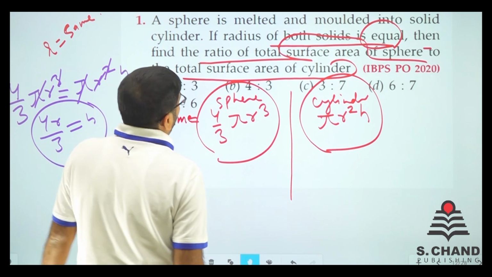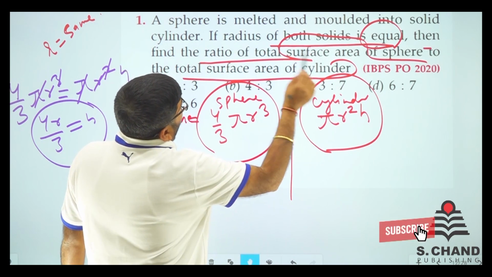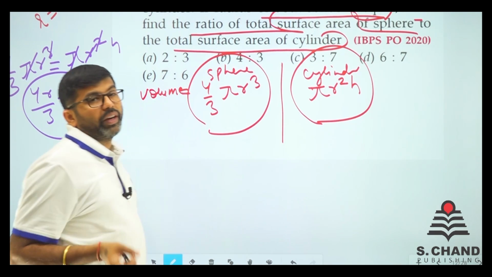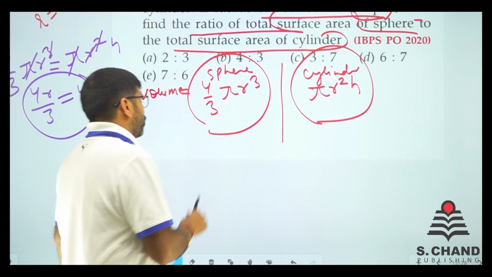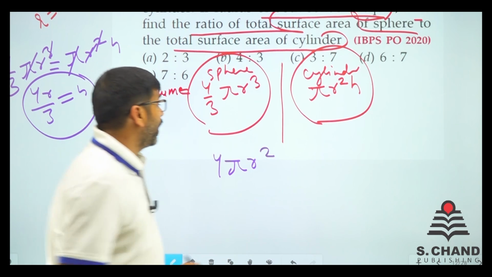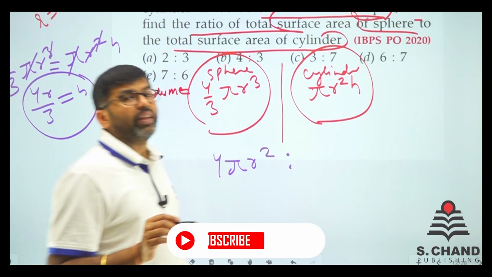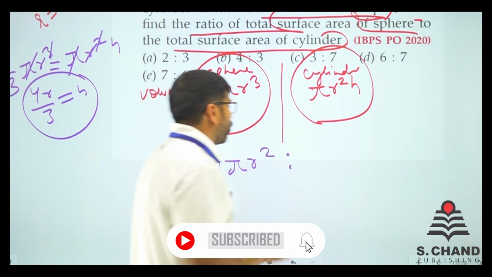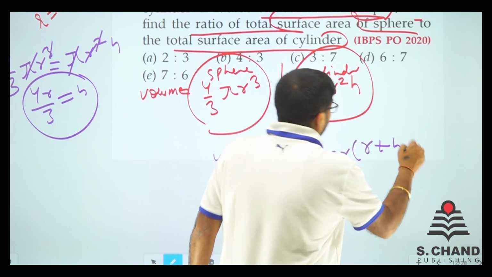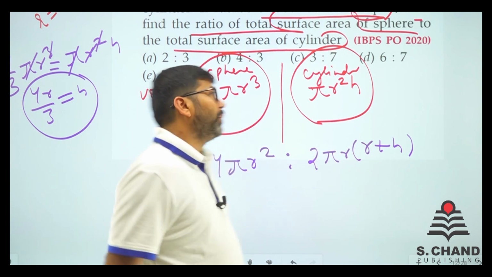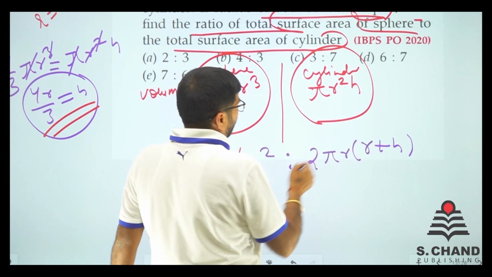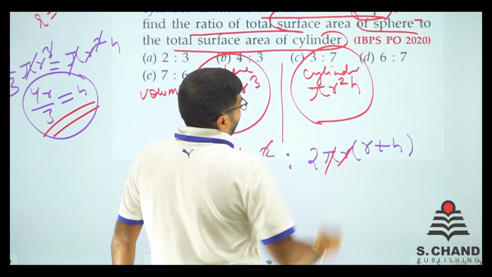Now what is required? The total surface area of sphere to total surface area of cylinder. So first we calculate the surface area of sphere. Surface area of sphere is 4 pi r square, that we know, and the total surface area of the cylinder is 2 pi r (r plus h). Now this h we know, h is equal to 4r by 3. First cancel out all the pi's and the r's.